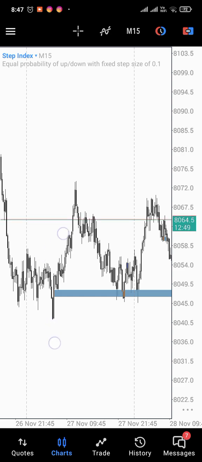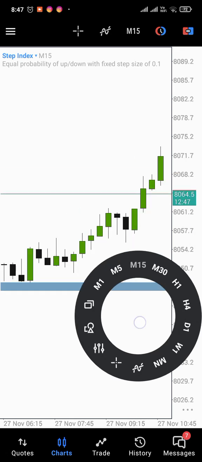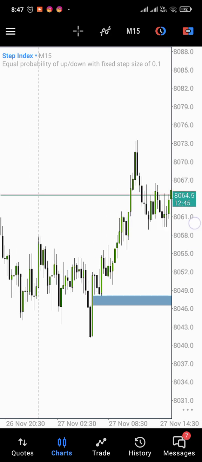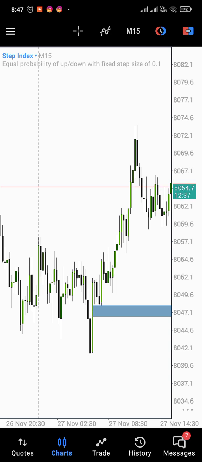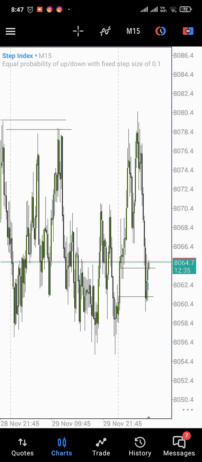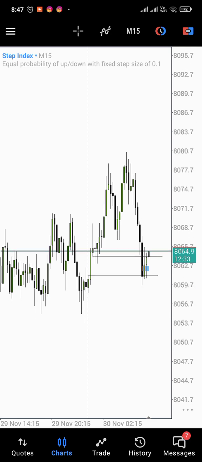Sometimes your first fair value gap might not seem like it's going to form, but it forms just a few hours into the day. So that is one example, and this one is probably the easiest fair value gap of all.